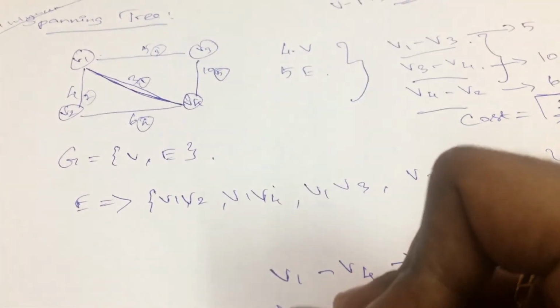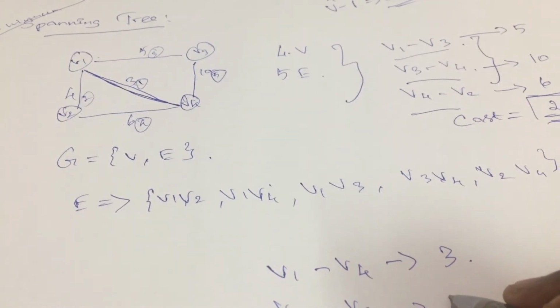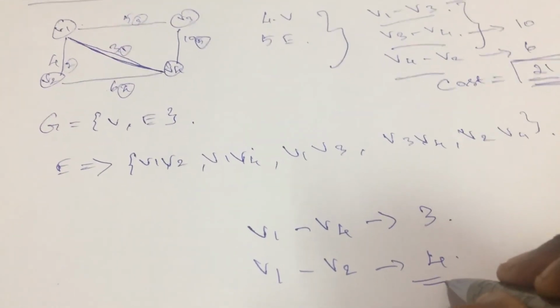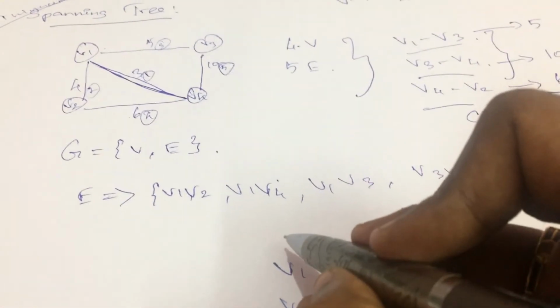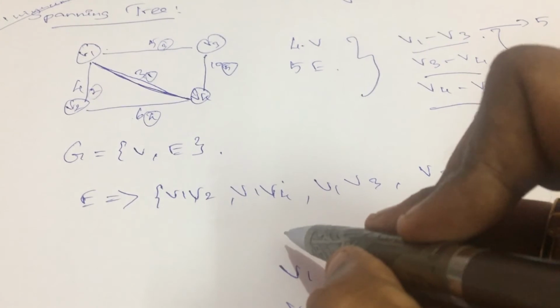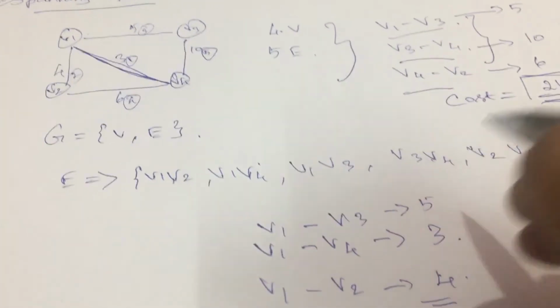From v1 I can connect v2, and the edge value is going to be 4, right? Followed by that, I go with the next value, which is v1 to v3, and the value is going to be 5, right?